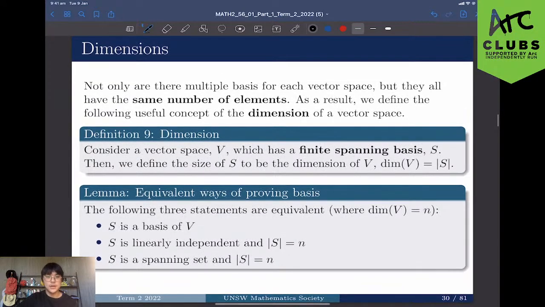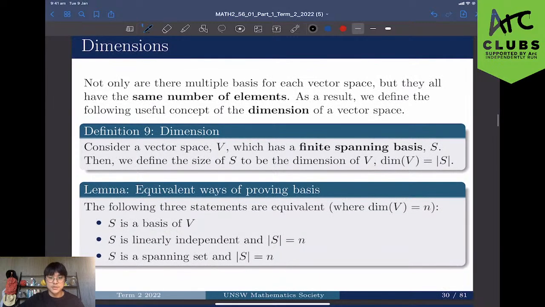Now we're interested in dimensions. So if we consider a vector space V, which has a finite spanning basis S, the size of the basis is going to be equal to the dimension of the space.